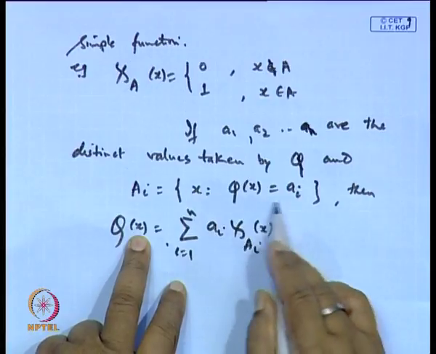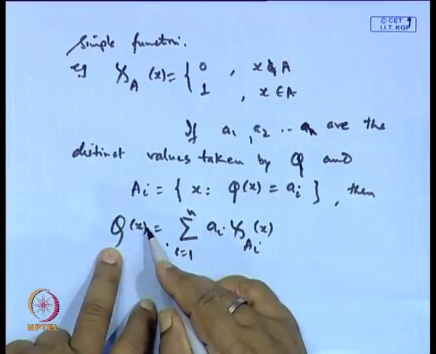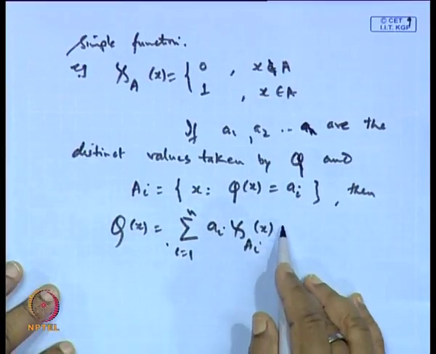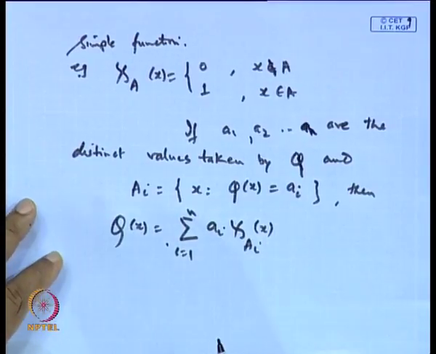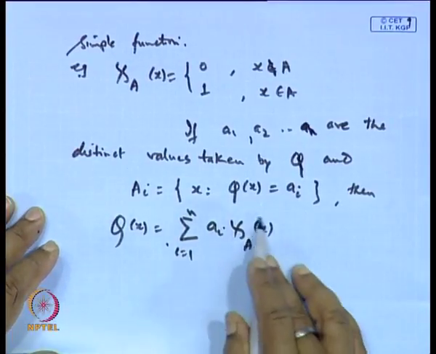So, when x belongs to A i, phi of x is equal to a i, they coincide.